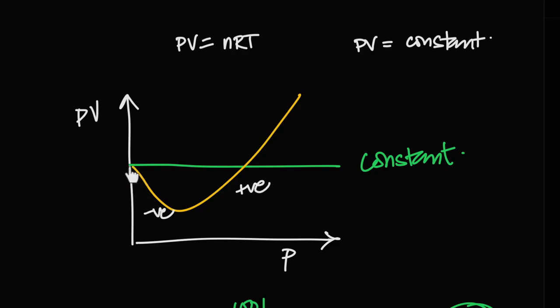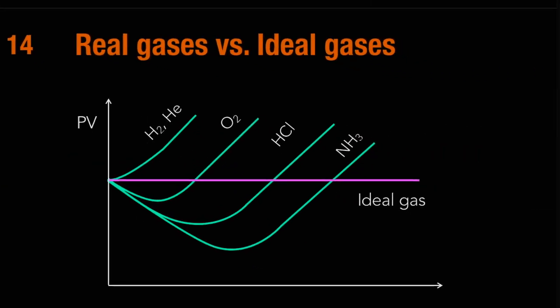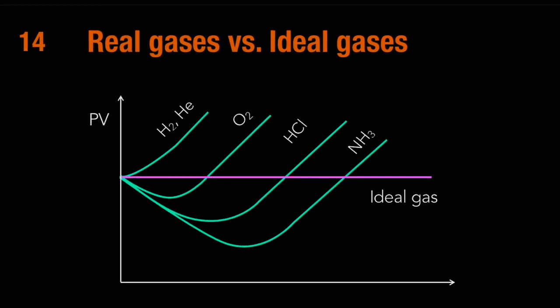Negative deviation happens because of intermolecular forces, and the positive deviation happens because of volume of molecules no longer being negligible. And the stronger the intermolecular force, the greater the negative deviation. Which is why in your slide number 14, this is what you have. What I explained to you right now is all in slides 14 and 15 in text form written.